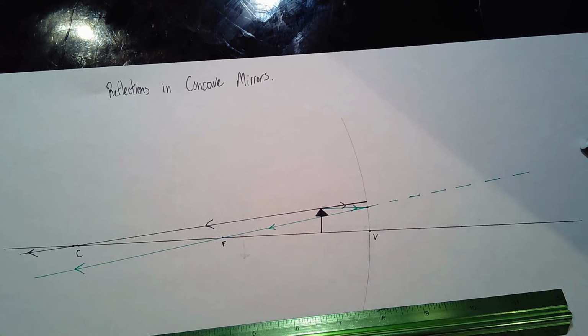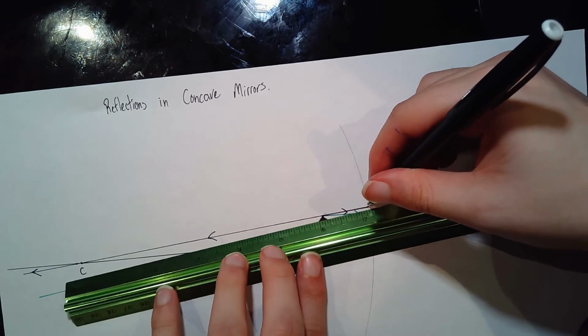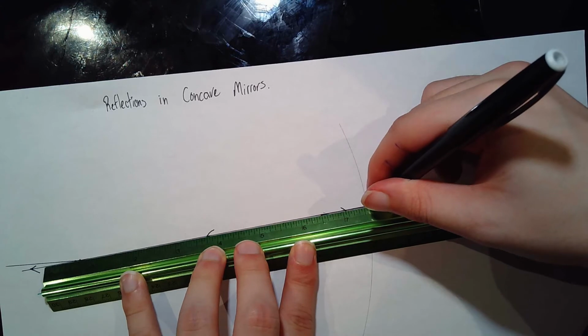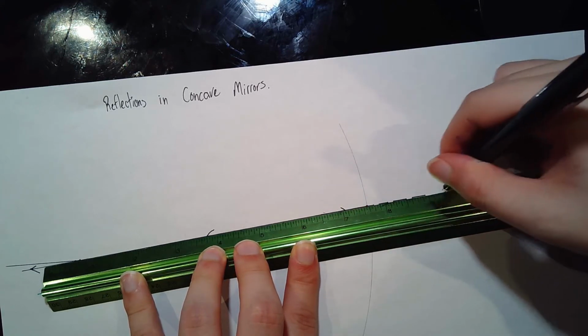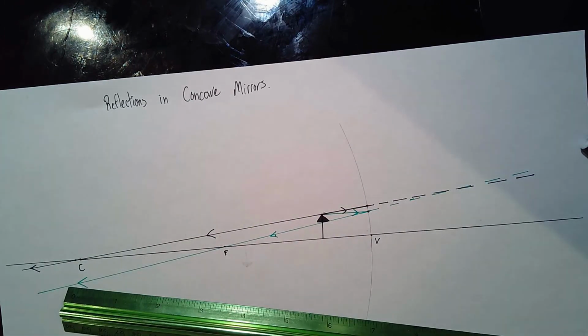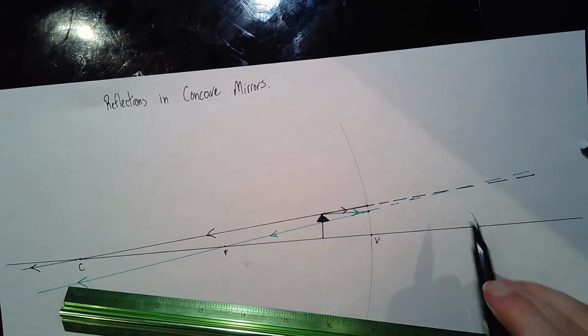The image is made by our brain, but these rays of light inside the mirror don't actually exist. I'm going to do the same thing with this first line that we did. I'm just going to extend it back into the mirror. And we can see that these two rays cross just about here, right?